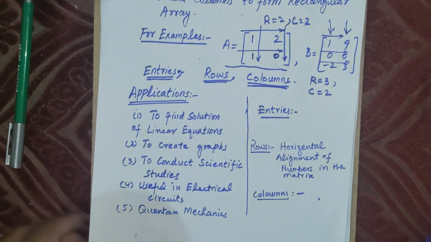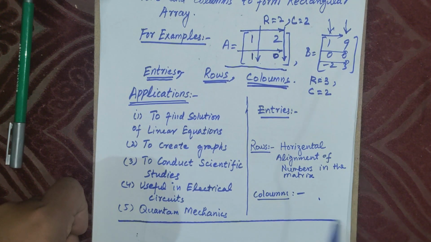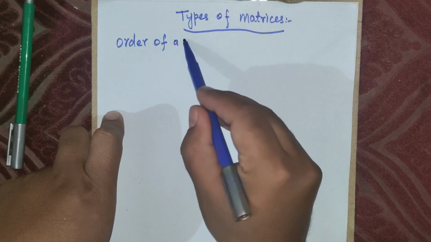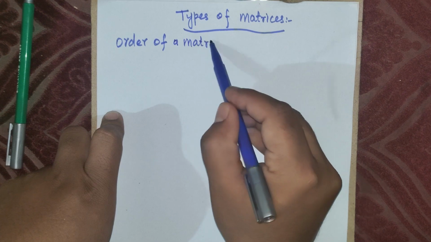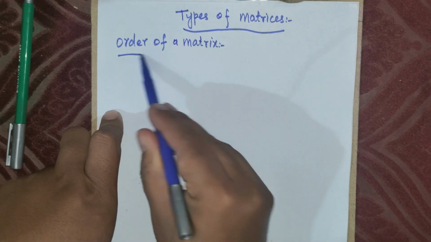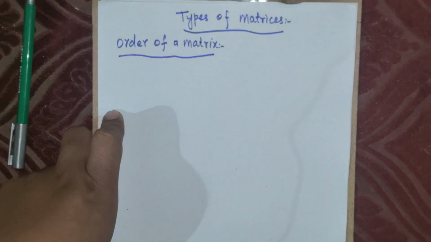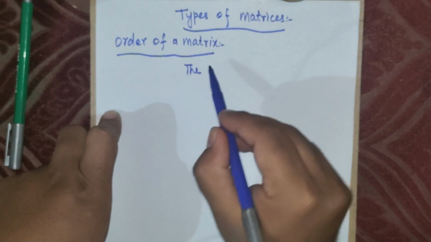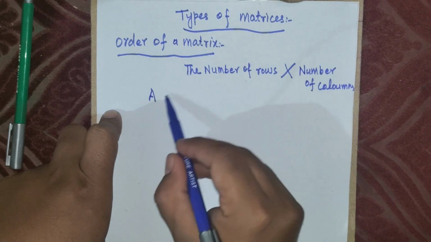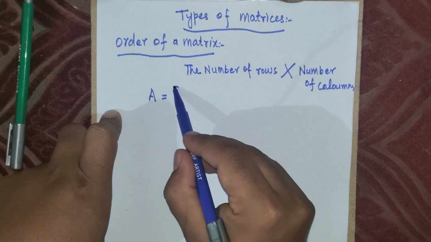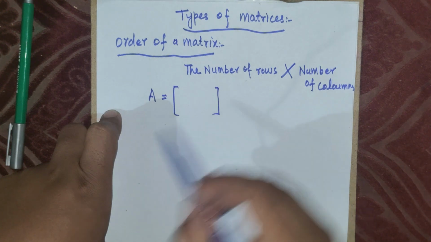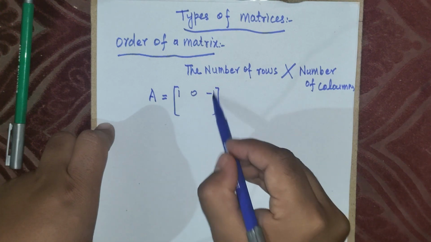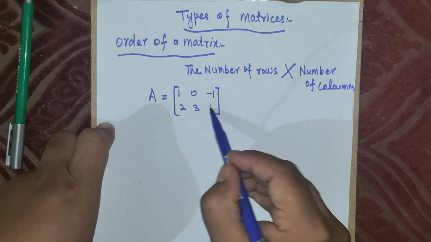Now let's move towards the types of matrices. Let's look at the order of a matrix. The order of a matrix is based on the number of rows and columns. Let's suppose A is a matrix having entries 1 0 minus 1 2 3 4.